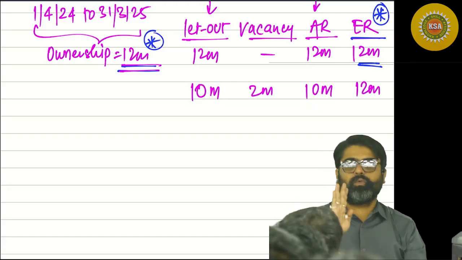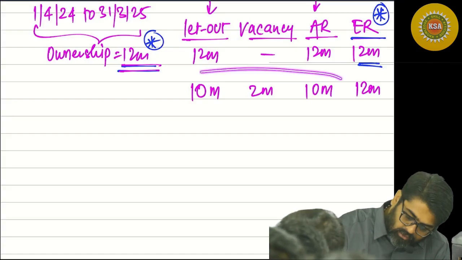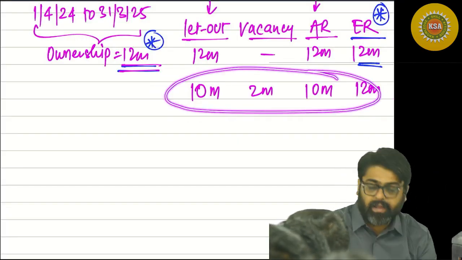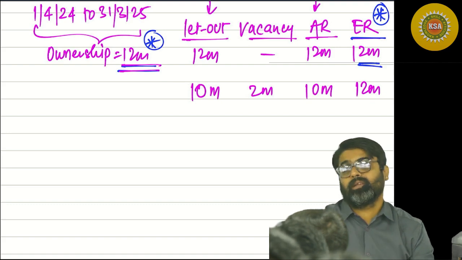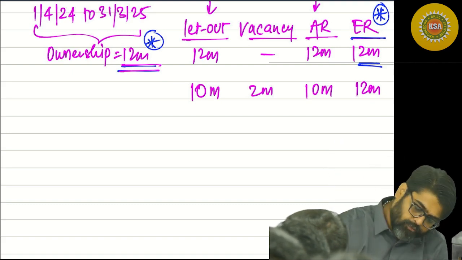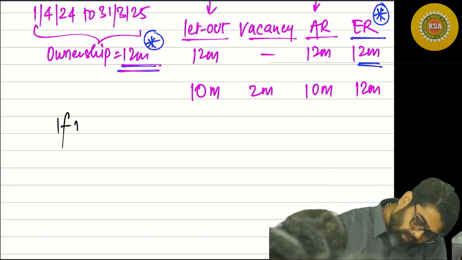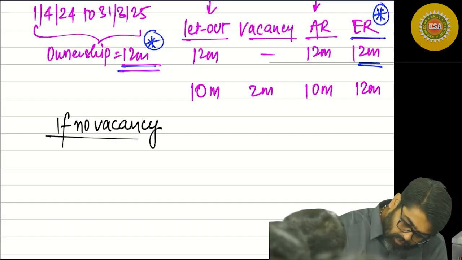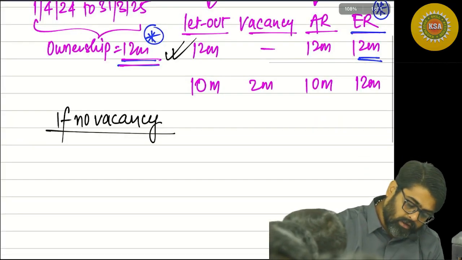So in this case, what are you supposed to do? In the case of vacancy, how to determine the GAV? See, if no vacancy is there, the first case I am talking about, what are you supposed to do?